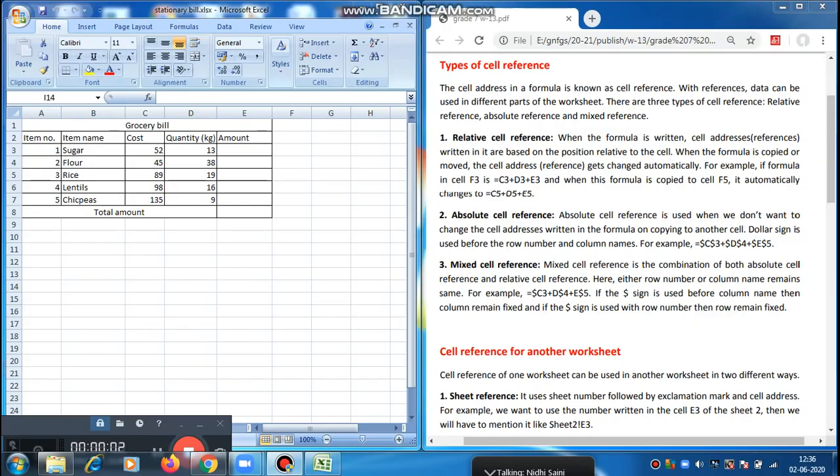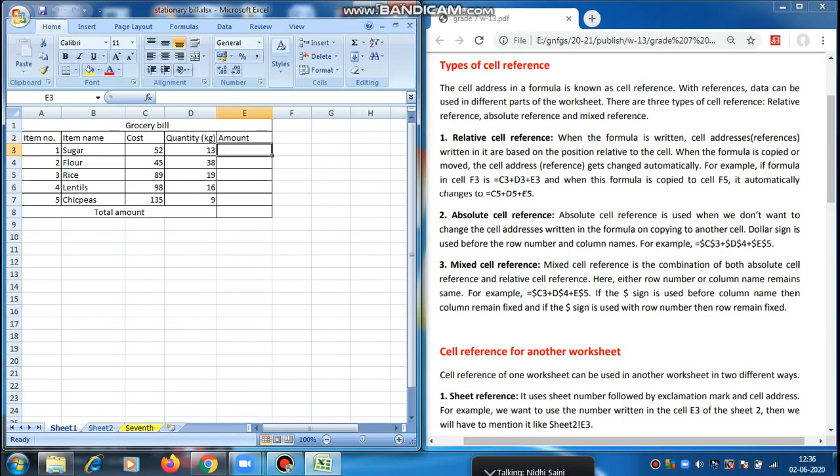Now let's understand mixed cell reference practically. So here I have to write the formula to find the amount of 13 kilograms of sugar. So I will start with equal to. Now I am going to keep the column C fixed. So I will use dollar symbol for C. Dollar, then I will write C. But the row number will be changing as per the item.